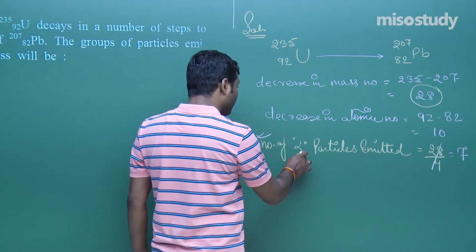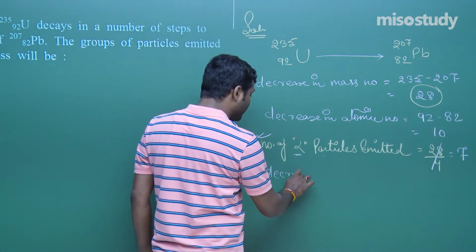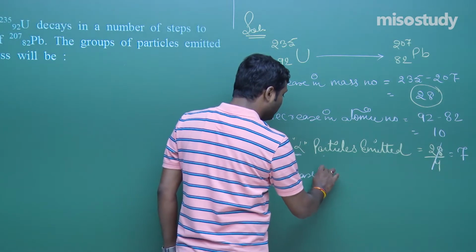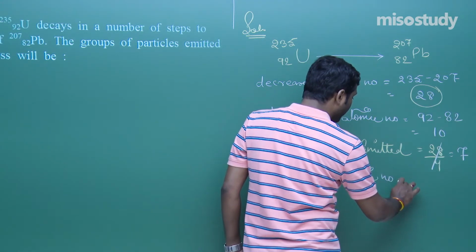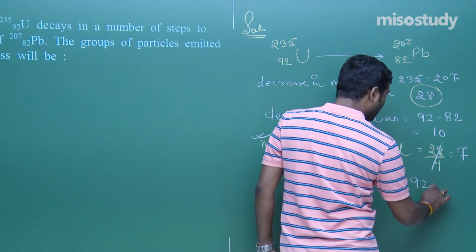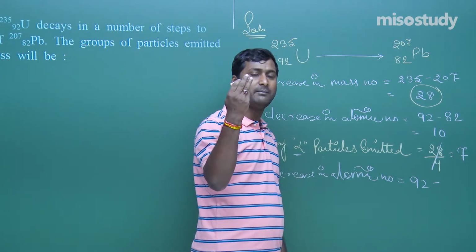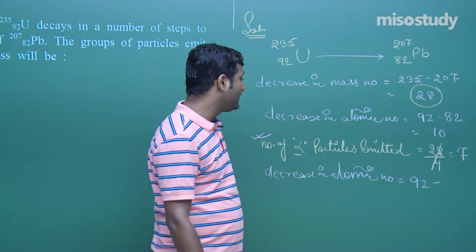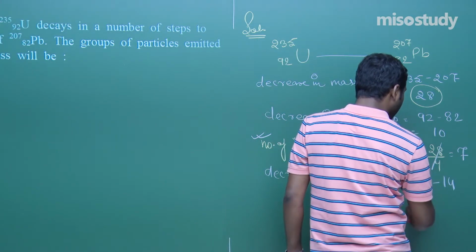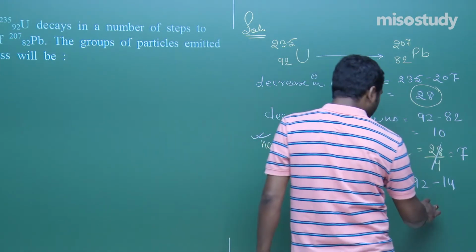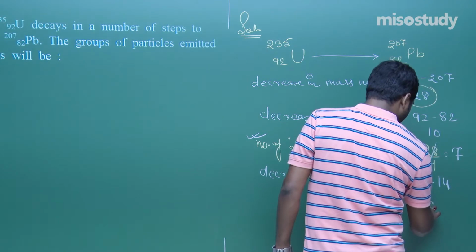Now if the alpha particles are emitted, what will be the actual decrease in atomic number in this case? The actual atomic number will be 92 minus, since the emission of 1 alpha particle decreases the atomic number by 2, here with 7 alpha particles, 7 times 2 is 14, so 92 minus 14 will be equal to 78. Clear, my friend?